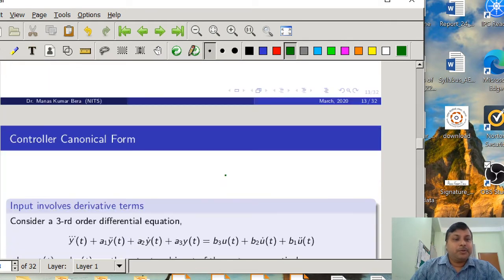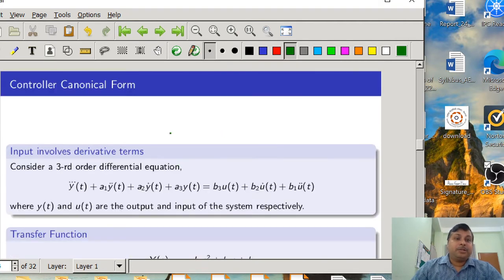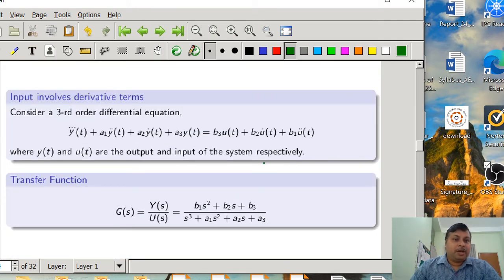Now, as I told you, some situation will come where the differential equation involves derivatives of the input. Suppose we take an example of a third order differential equation where, on the right hand side, we have the derivative of the input, that is u dot and u double dot. If this kind of differential equation is given, then we can find the transfer function.